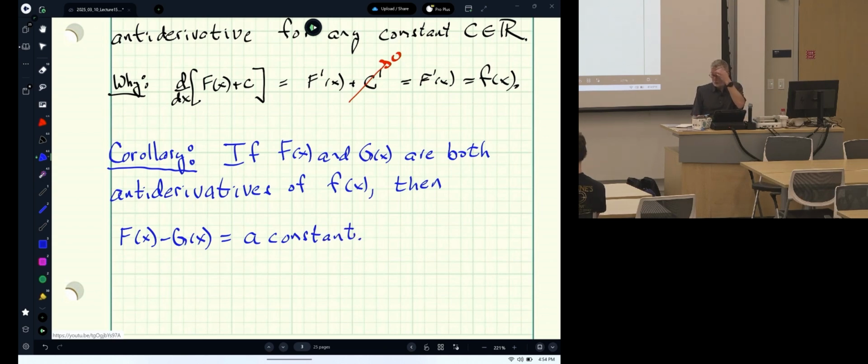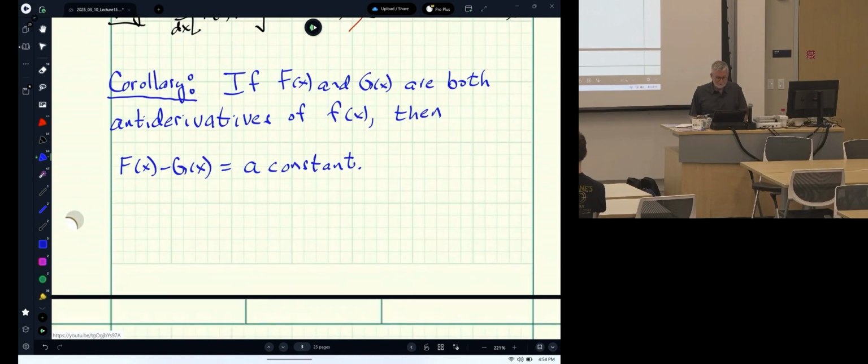So the two functions differ by a constant.